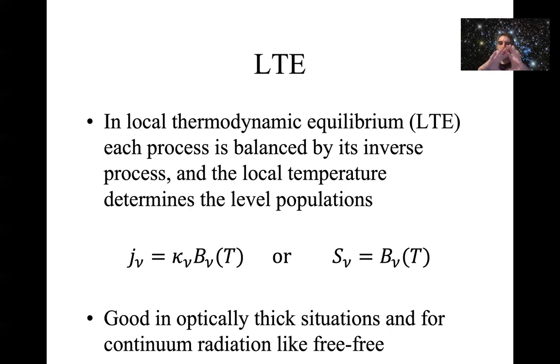So therefore, your little local volume is all the same temperature. You're not getting any information from further away because you can't see through the medium. You're only getting information in and out by the radiation. And so if it's optically thick, then LTE is usually a good approximation.